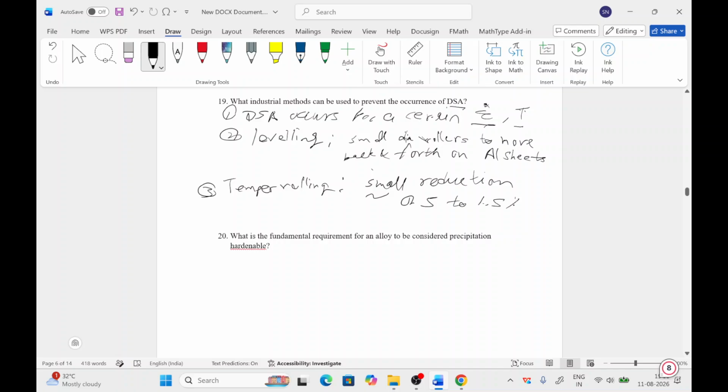By providing small strains in the aluminum sheet or any component, we can avoid the dynamic strain aging behavior, because of this deformation the other slip systems also activate and the deformation continues without any hindrance from substitutional magnesium atoms.